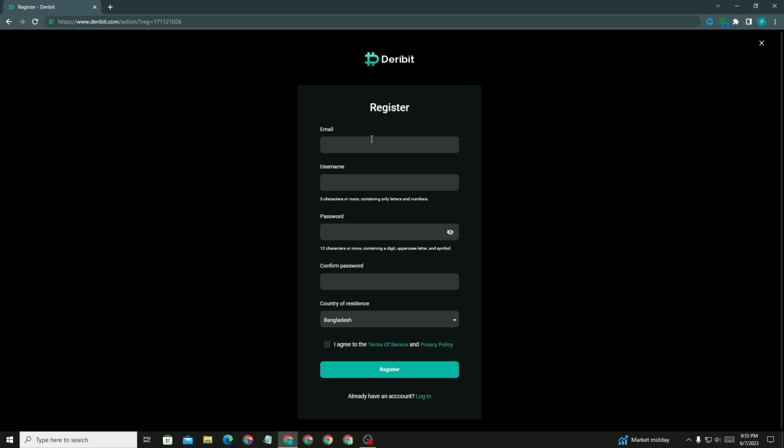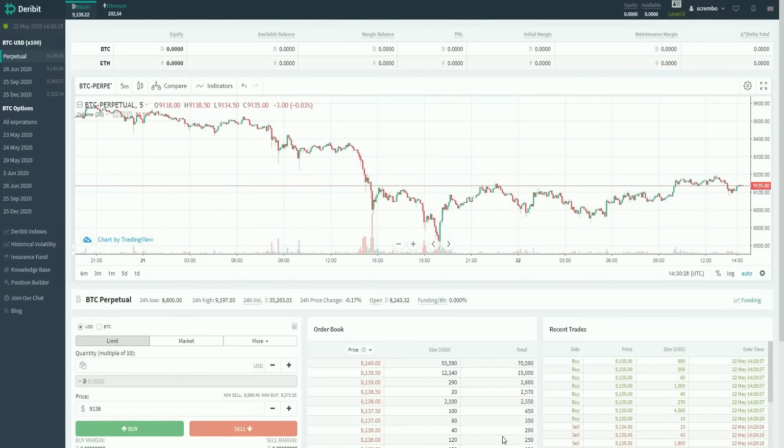Please enter the email, then the username, after that the password and confirm password, and your location. After that you can successfully log in or register the Deribit account. After the registration you can see this kind of interface.